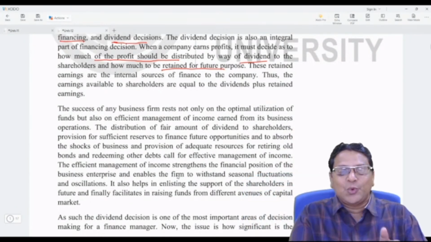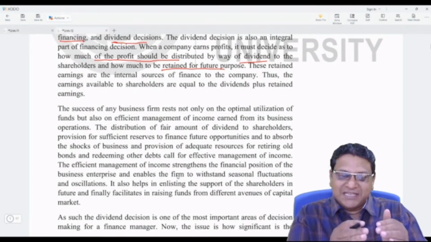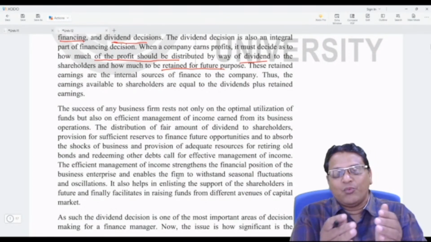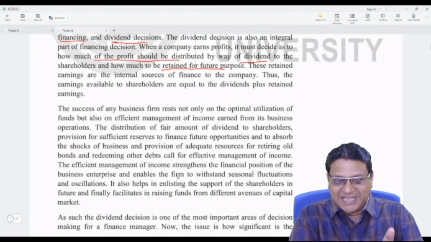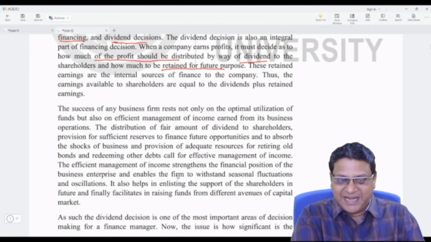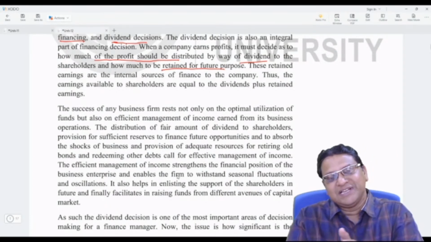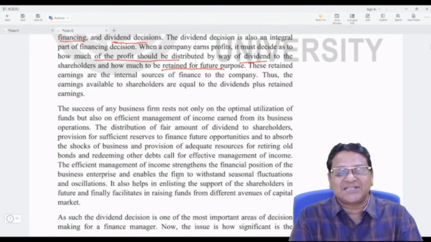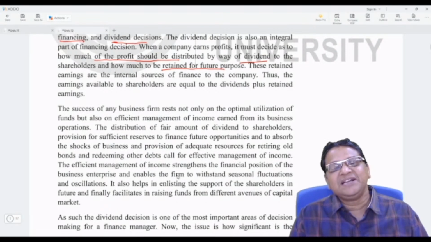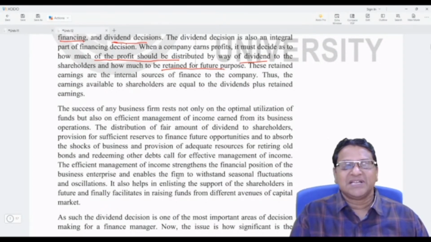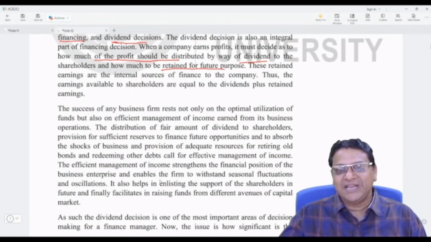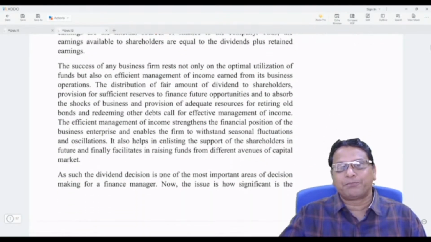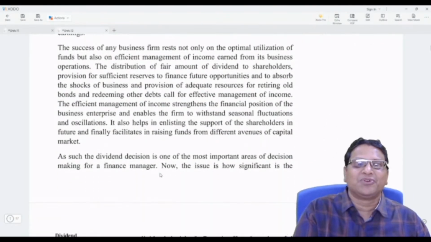That means the total profit of the business is divided into two parts. Some portion of profit is retained as retained earning and the other portion is distributed to the owners as dividend, and this decision is known as dividend decision. In this case we will study proper optimum utilization of funds.